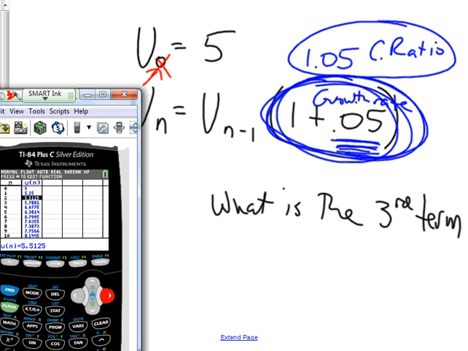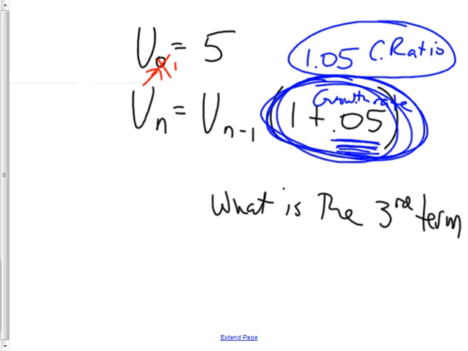If you want the third term, make the first term u sub 1. All right, so I did that to you on purpose to see if you actually would count up and see what the third term was, or were you going to just trust that it's u sub 3? U sub 3 in this case is the fourth term. So if you want it to count nice, you should pick a 1. But if it's a real world problem, then you should pick a 0.